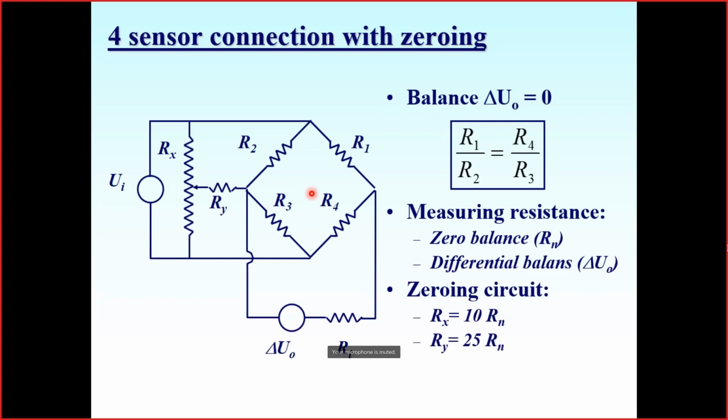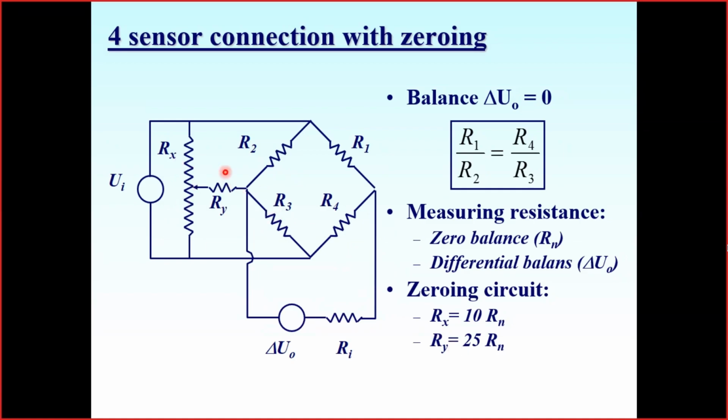For this zeroing circuit, a recommended value is that the resistor Rx should be approximately 10 times bigger than the resistors in a bridge, and resistor Ry is relatively smaller.